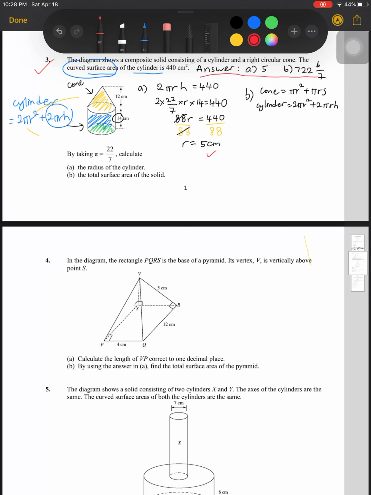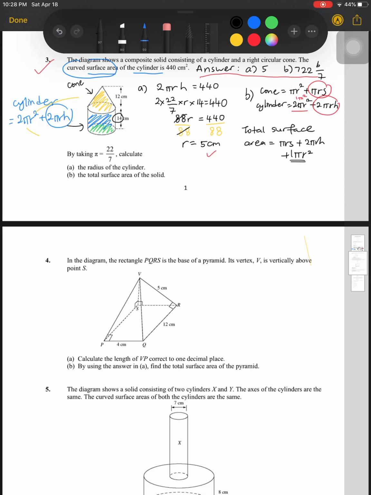So we are going to pick only pi r s, then 2 pi r h for the curved surface area of the cylinder, and only one of the bases of the cylinder. So the total surface area is equal to pi r s plus 2 pi r h plus pi r squared.